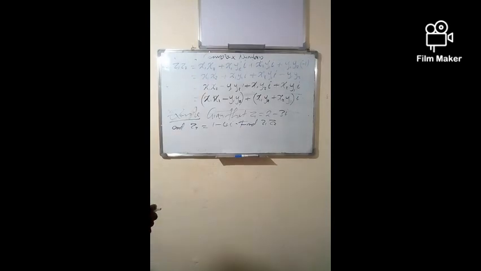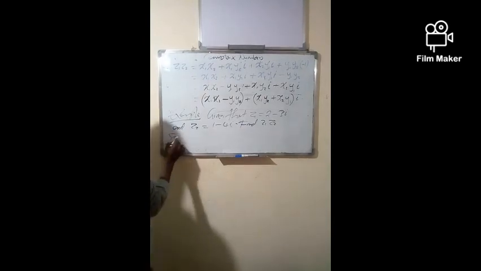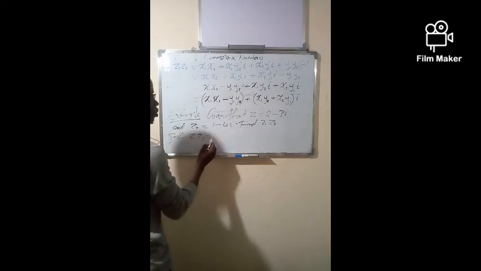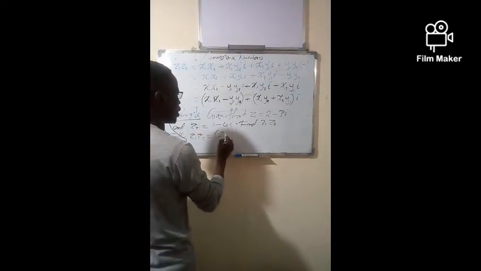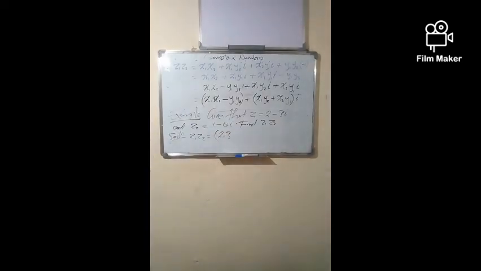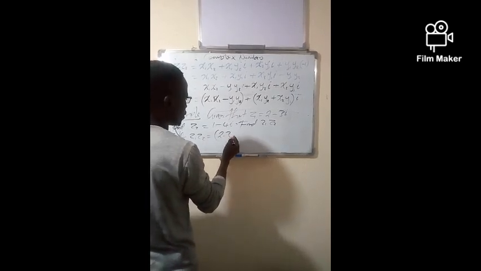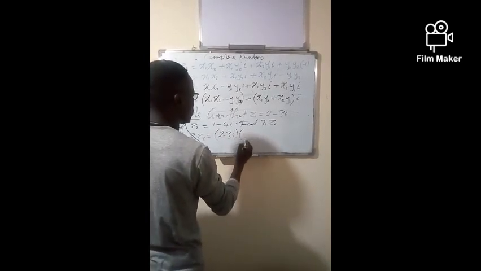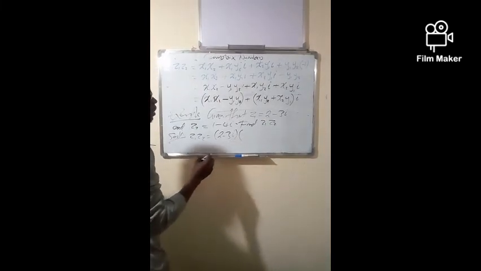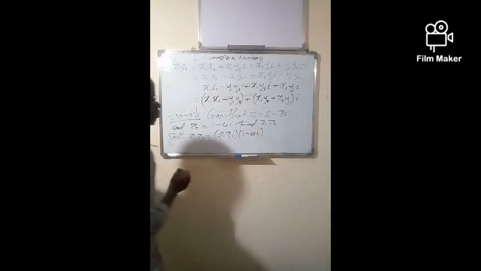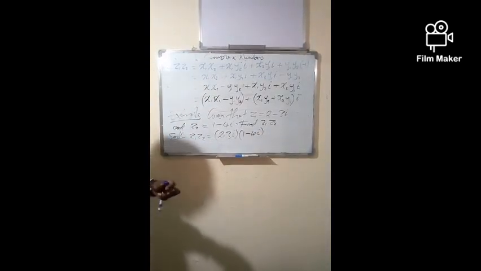So we have to multiply those two complex numbers. So solution. Z1z2 is equal to 2 minus 3i, okay, multiplied by 1 minus 4i, right?